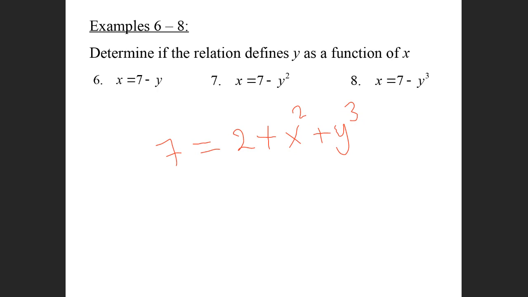Thank you, Ammar. Thank you, Hamdan. Yes, this equation defines a function.